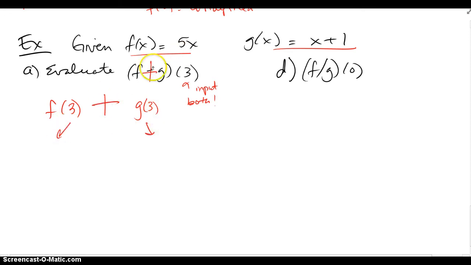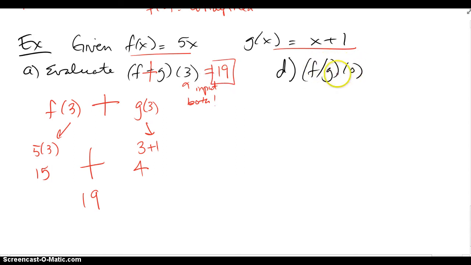We've done this before, so f of 3, I go to the f function, is 5 times 3, which is a 15 output. G of 3, I go into the g function over here, and I get 3 plus 1, which is an output of 4. And then I just add those two, and I get 19. So f plus g of 3 is equal to 19.